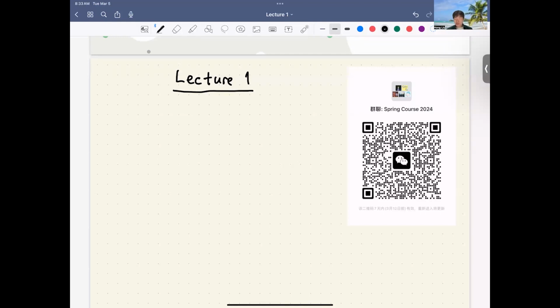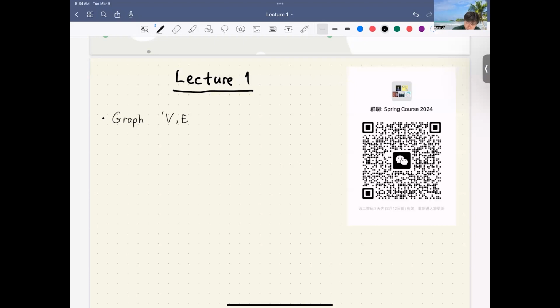Extremal combinatorics is basically studying the extremal type of problems for discrete objects. And the most studied objects throughout this course will be graphs. So let's first recall this very basic concept.